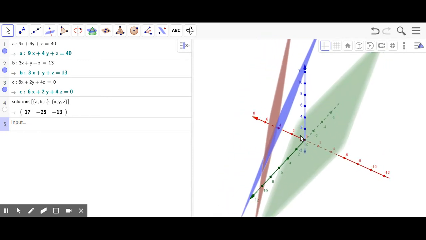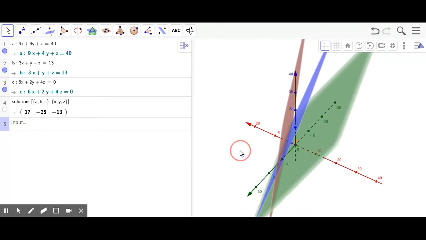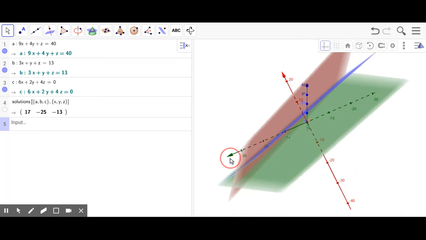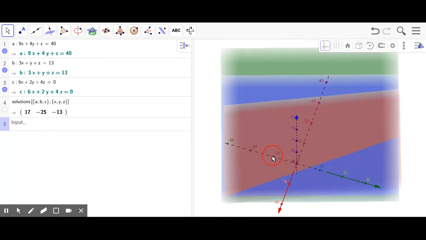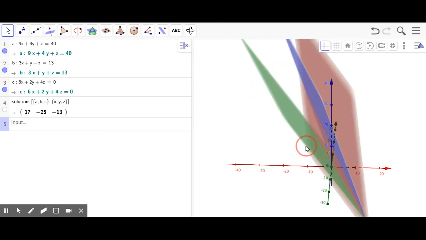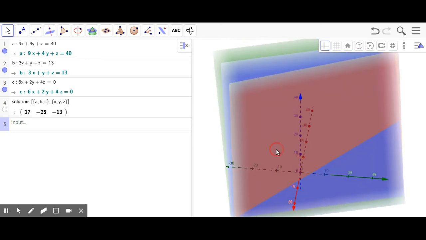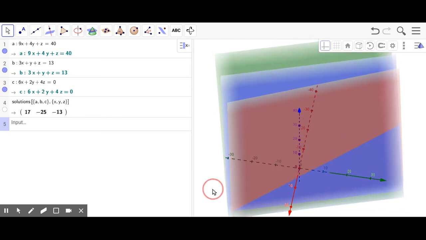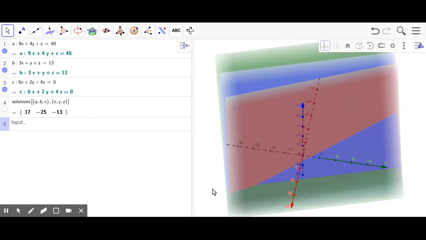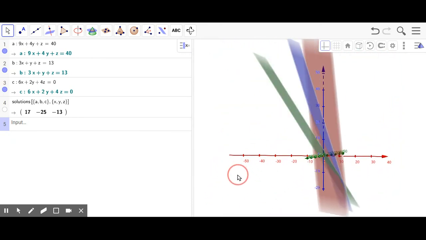So let's zoom out a bit more. Okay, so the X must be this green one here. So X is negative 17, Y is negative 25, and Z is negative 13.